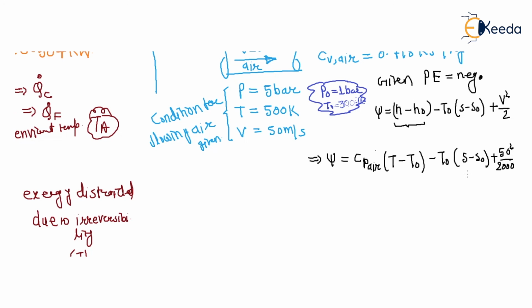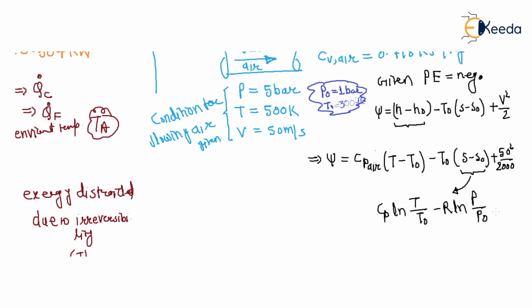How to calculate S minus S naught? This is the formula: Cp ln (T by T naught) minus R ln (P by P naught).